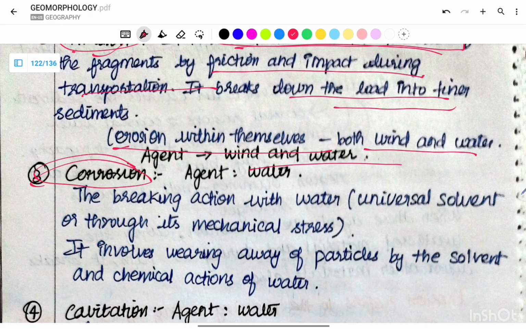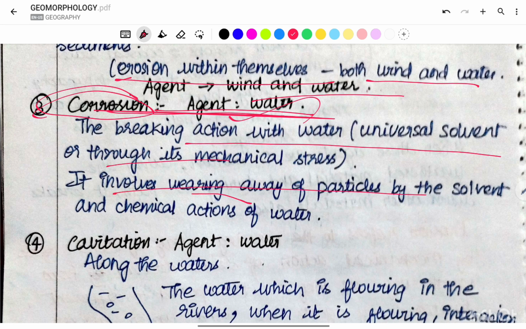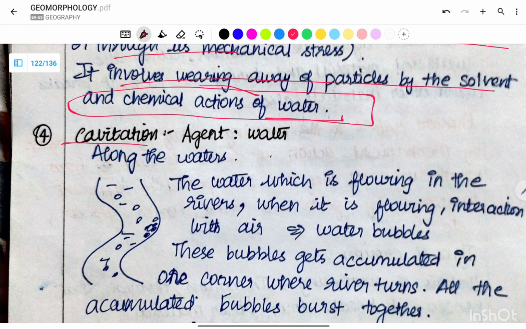Corrosion is the action of water as an agent. The breaking action of water, the universal solvent, involves wearing away of the particles by the solvent and chemical actions of water. What is cavitation?